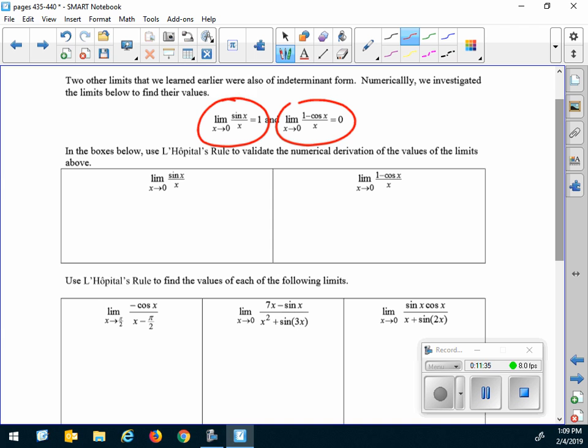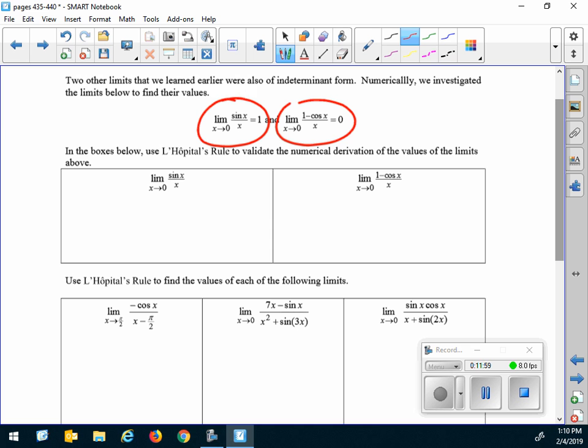So, L'Hopital's rule. You cannot just arbitrarily say, oh, I think I'll use L'Hopital's rule. It doesn't work that way. You're eyeballing this and doing direct substitution. The sine of 0 is 0, and the denominator would be 0, so you would get indeterminate form.